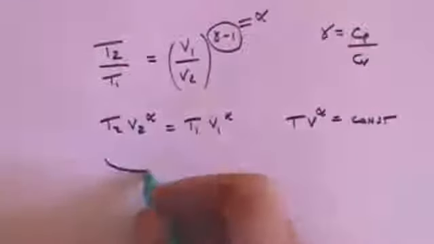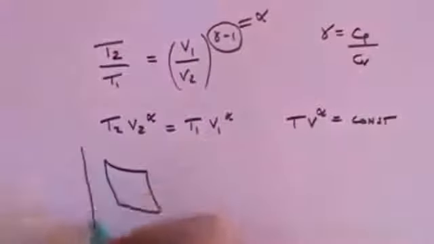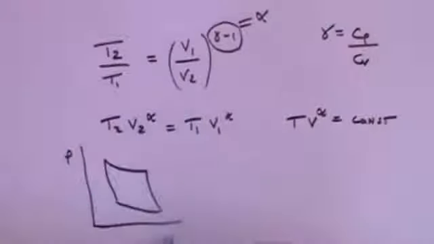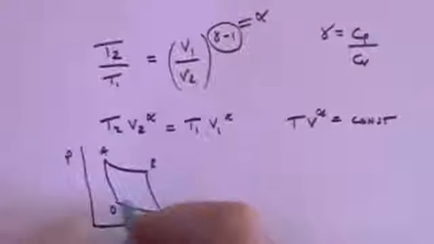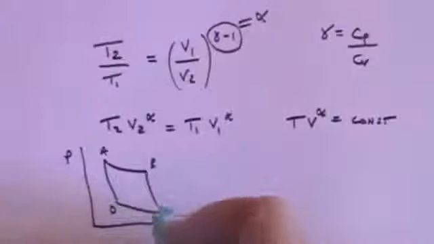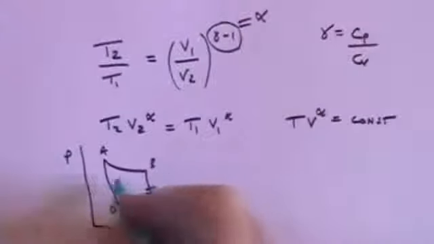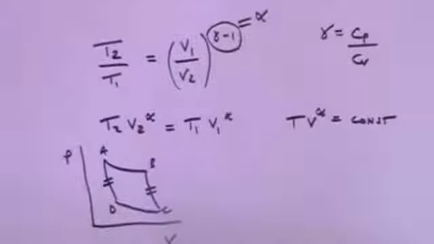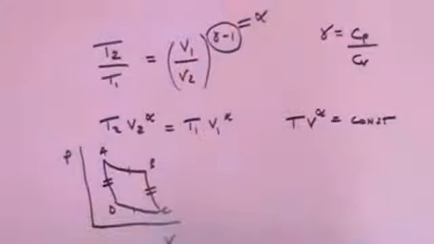So let's just redraw that Carnot cycle so you can see what's happening. This is a pressure volume chart, and we went from A to B to C to D and back to A again, and we keep going around that cycle. These two arms were the adiabatic changes, these two were the isothermal changes.